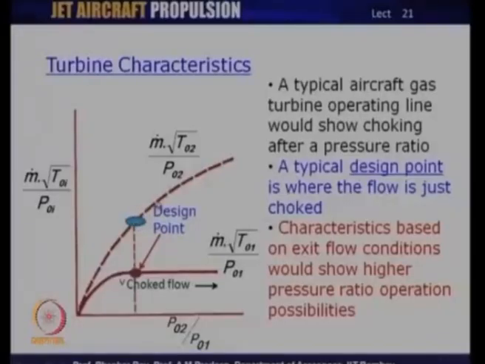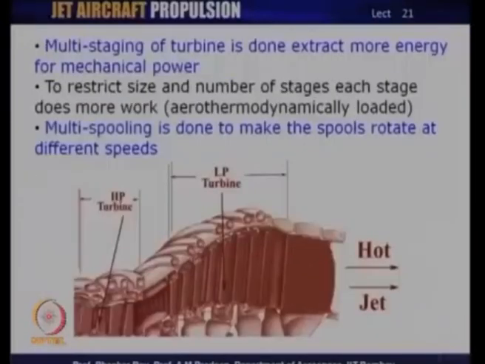Now, this is what the turbine characteristics mean, and we shall take a look at what it means when you have multi-stage turbines. Now, multi-staging of the turbine is essentially done for 2 or 3 main reasons.